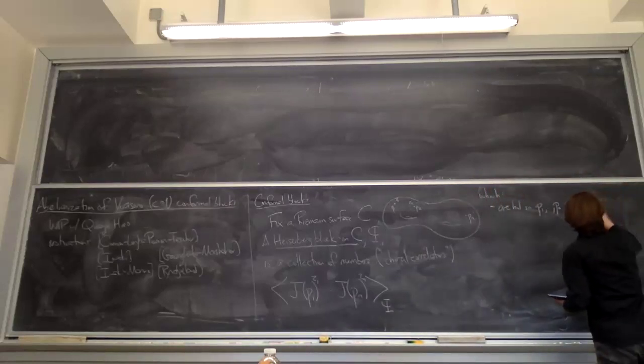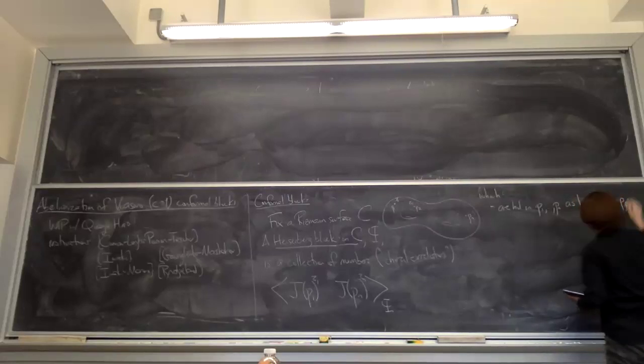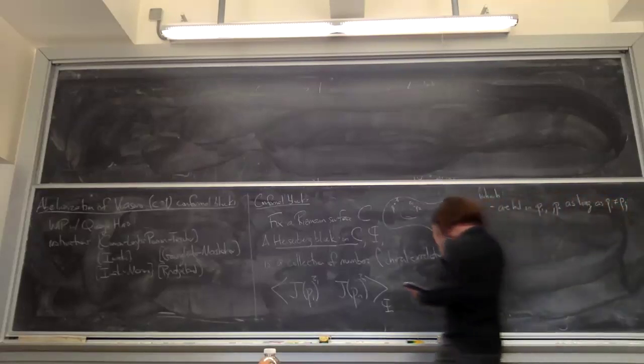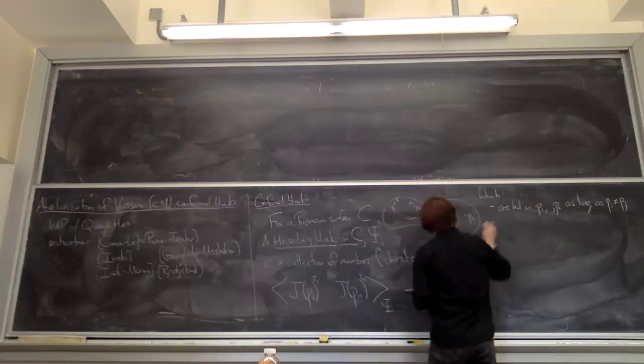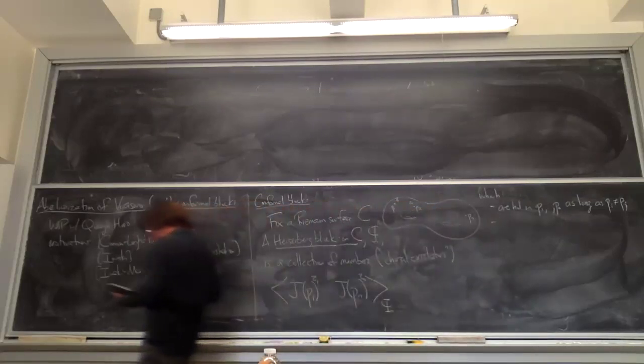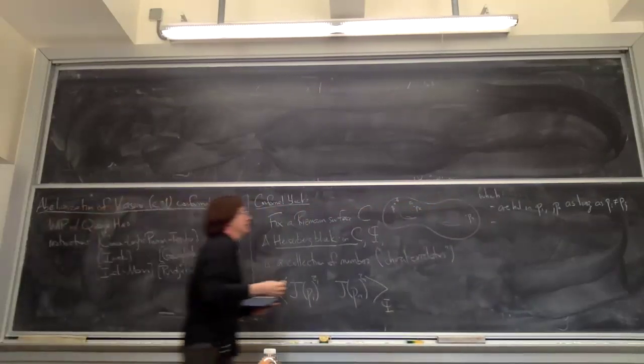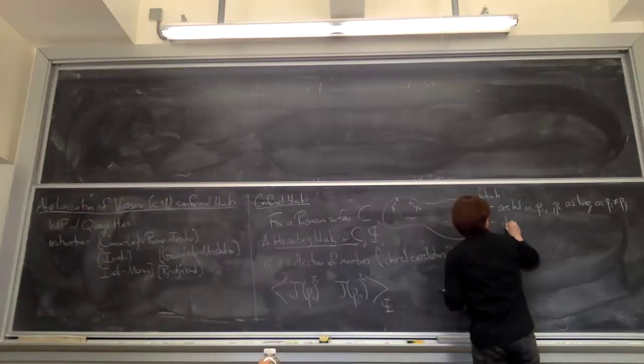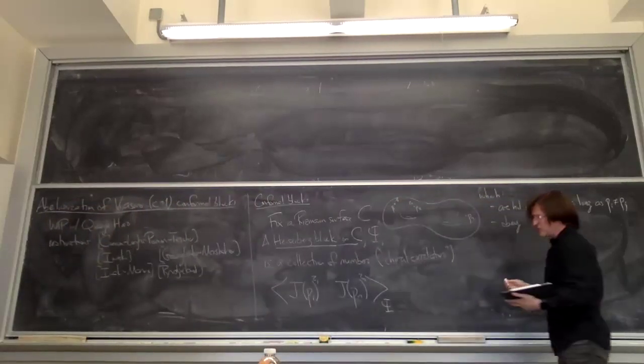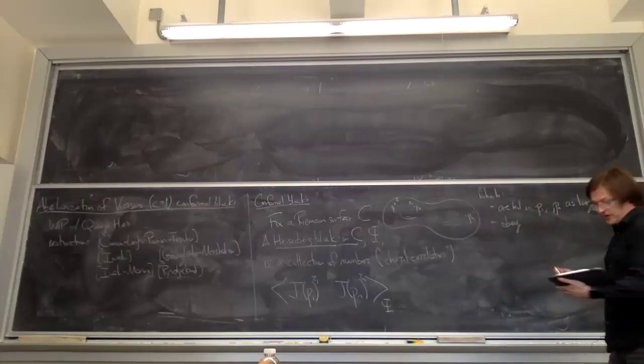So they should be holomorphic as long as we're away from the diagonal, so as long as no two points collide. Then when the points do collide, they're supposed to obey a relation. I'm going to write the relation in a slightly symbolic way.